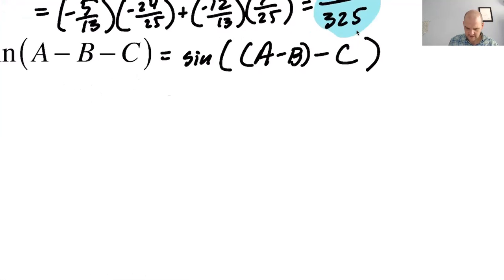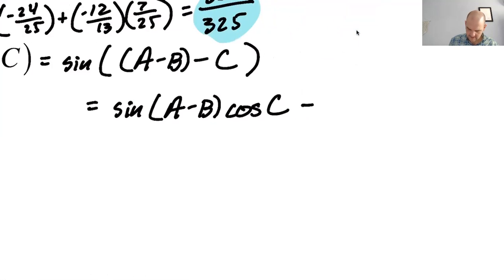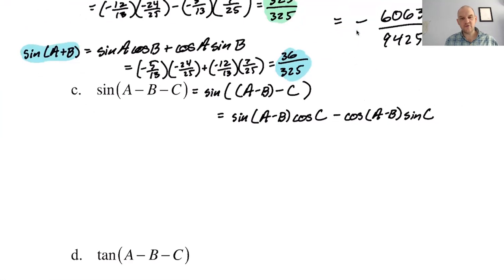So here we're going to have sine of the first thing, cosine of the second thing, then minus cosine of the first thing, and sine of the second thing. Okay, so we have this. Now what you do is you stop with your formulas there, and now you find the values, and then you're going to replace the values.